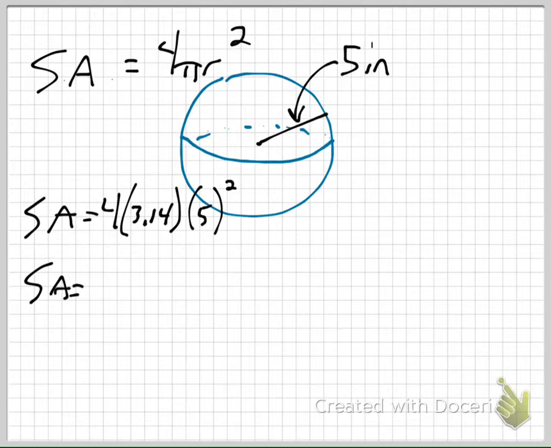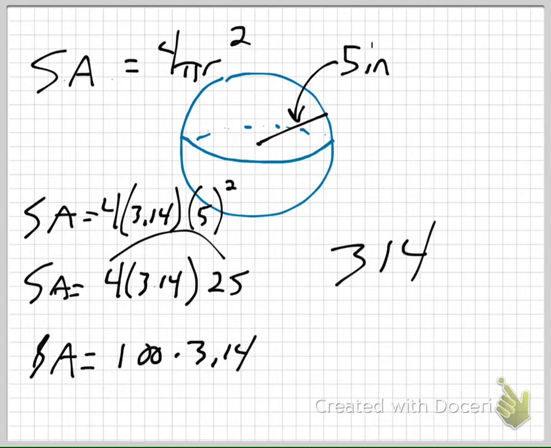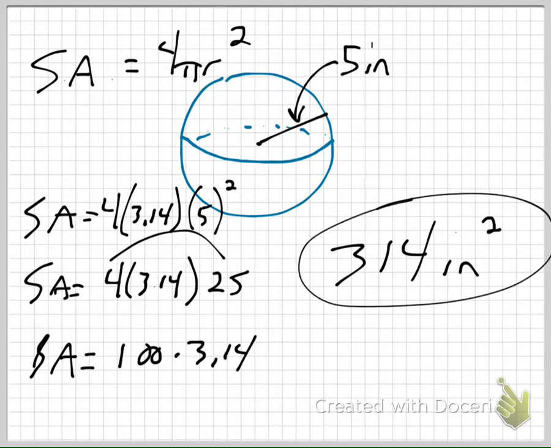Surface area equals 4 times 3.14 times 25. What's 4 times 25? 100. Surface area equals 100 times 3.14. Move the decimal. The answer is 314 squared inches. Does that make sense, though?